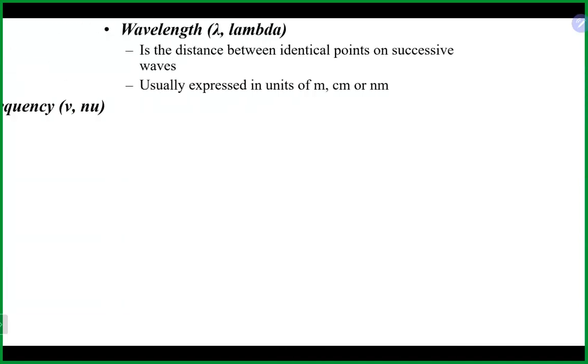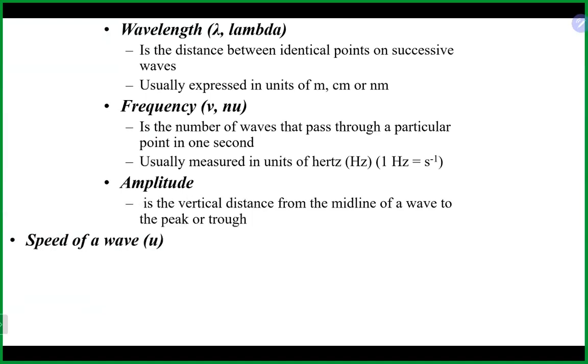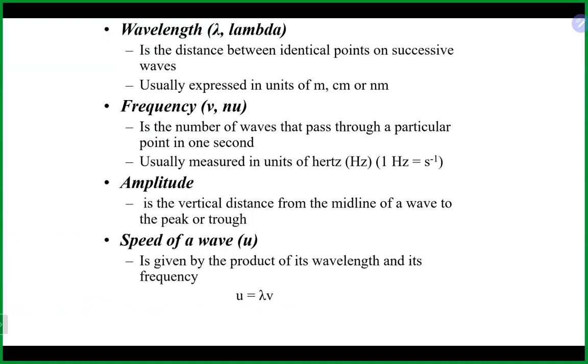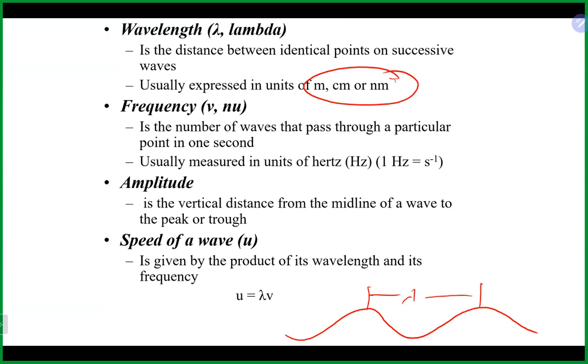Some more specific properties of waves: there are different parts to it. First off, the wavelength, which is lambda, is the distance between two peaks or troughs. So that is the wavelength. Wavelength is typically given in these three units: meters, centimeters, and nanometers. A lot of times meters and nanometers are very common units of wavelength.